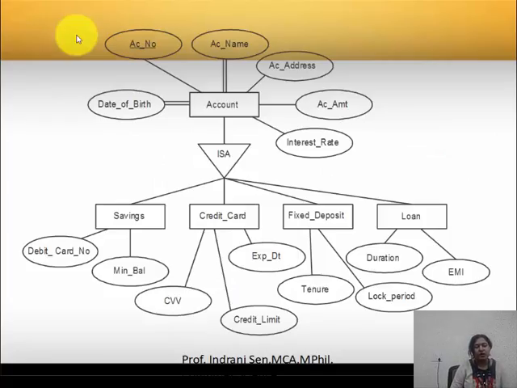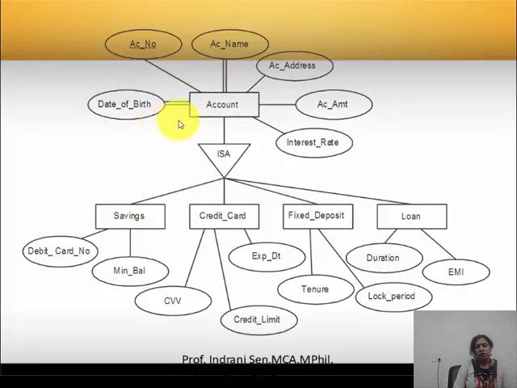In this diagram, we can see an account parent entity which is connected to multiple child entities. An account has several types of accounts we are talking about. We can talk about savings account, credit card account, fixed deposit, and loan. All of them are some kind of accounts.